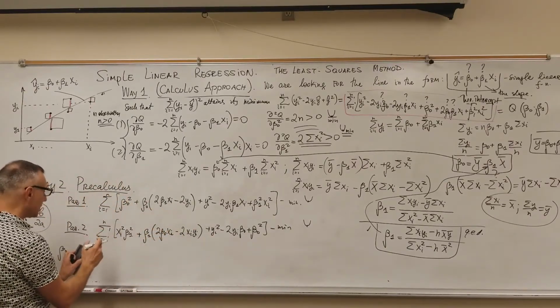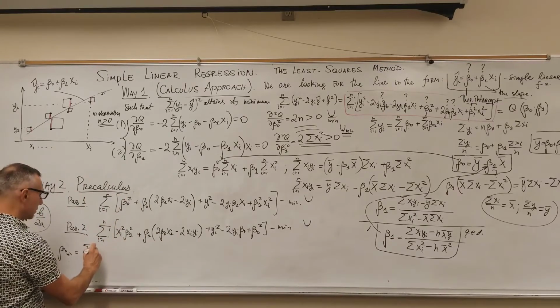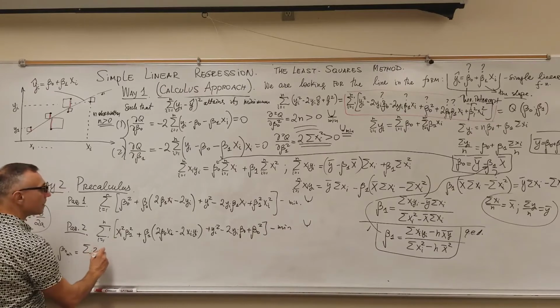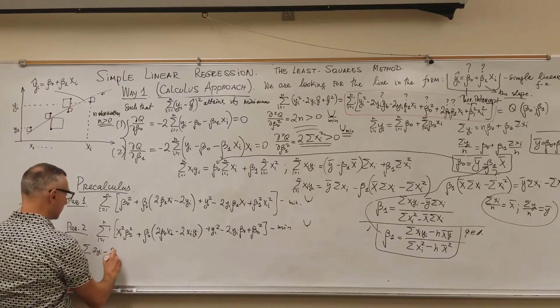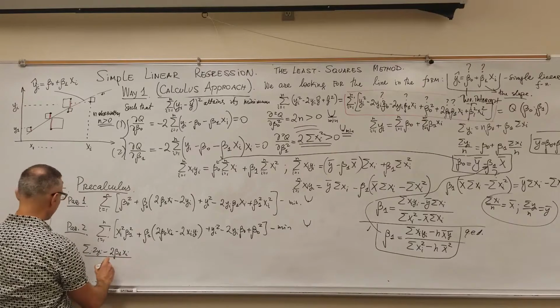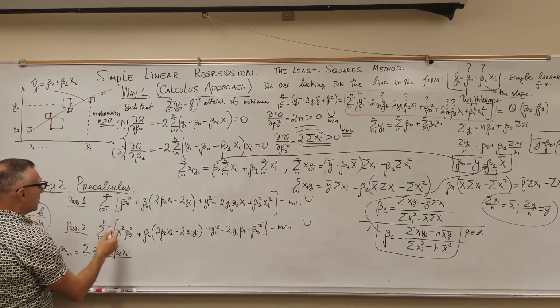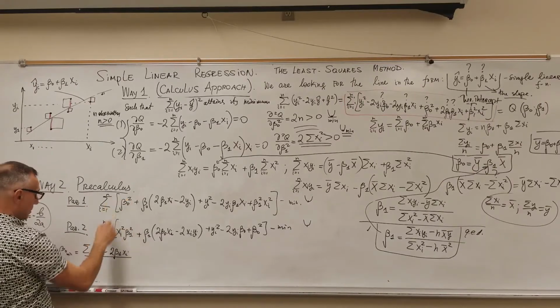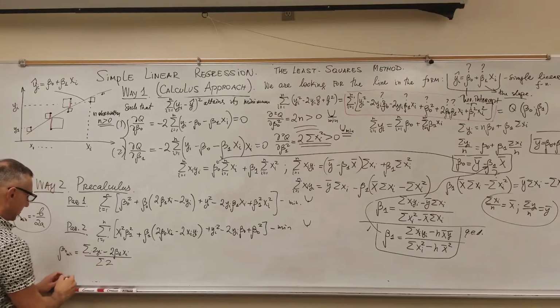Everything is under the summation. Don't forget the summation. So it's summation 2yi minus 2 beta 1 xi divided by 2a, by the summation of 2.